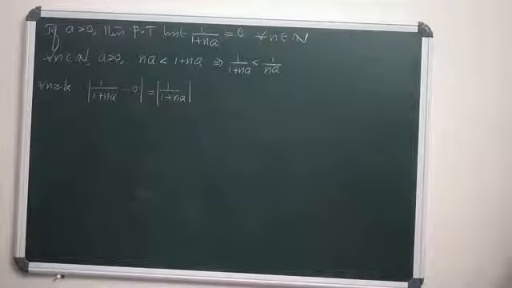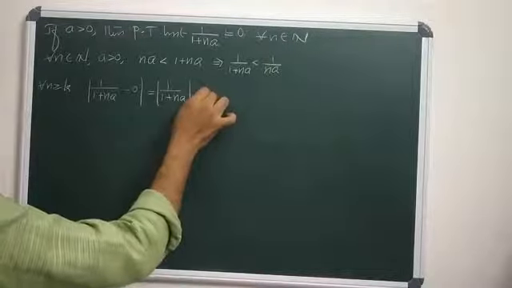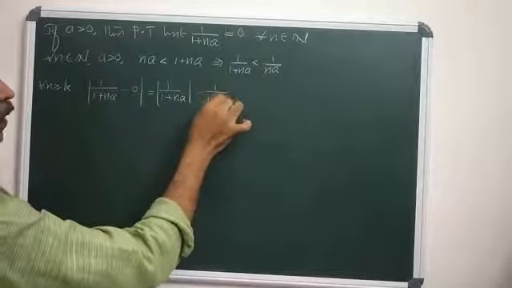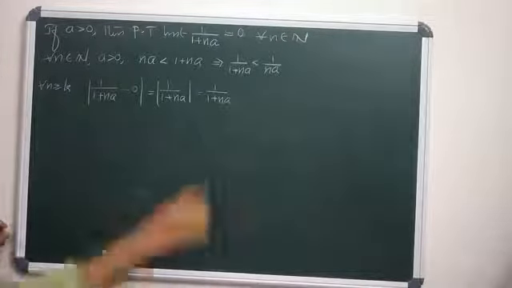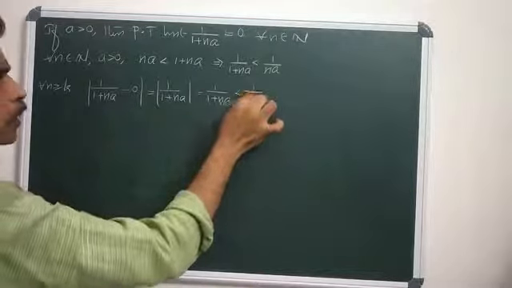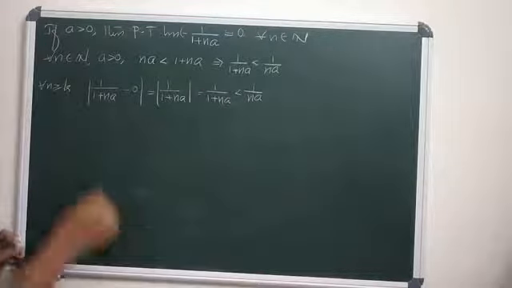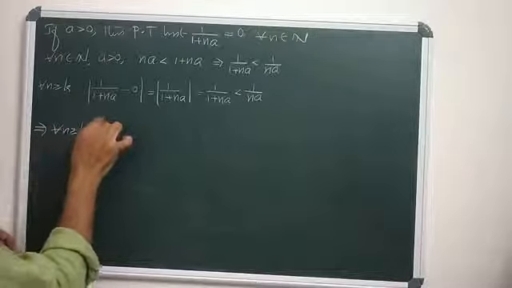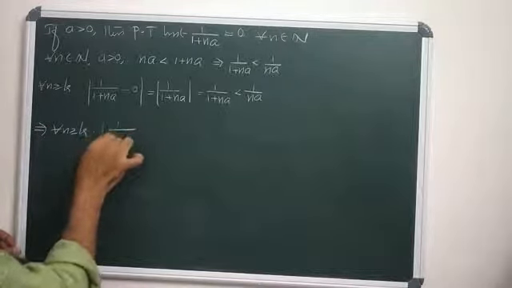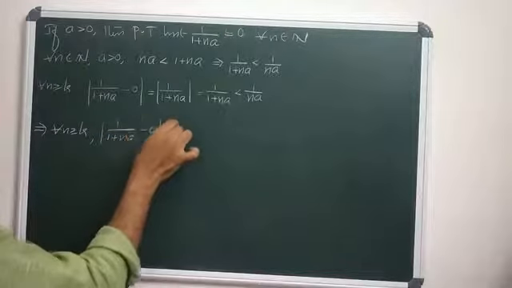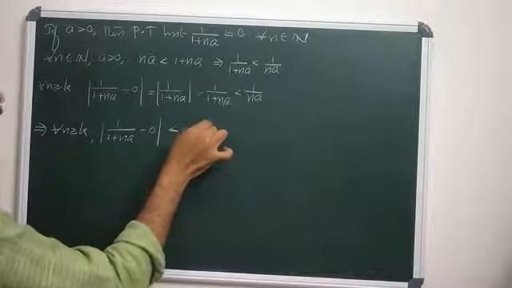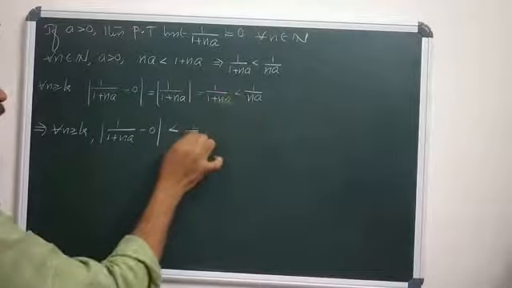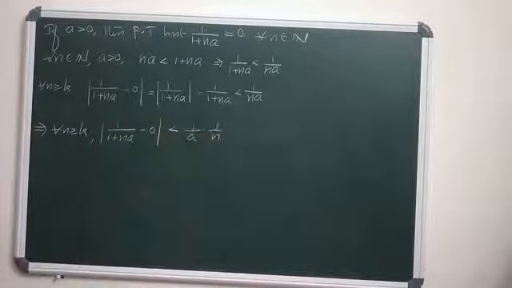Since n is a natural number and a is positive, 1 by 1 plus na is always positive, so it is nothing but 1 by 1 plus na, which is less than 1 by na. That means for all n greater than or equal to k, the modulus of 1 by 1 plus na minus 0 is strictly less than 1 by na, which can be rewritten as 1 by a into 1 by n.